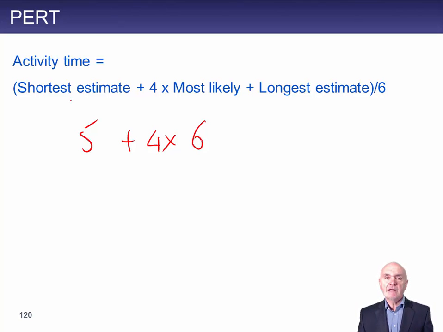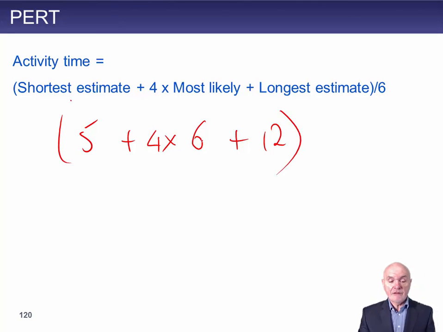But let's say we had a spell of really bad wet weather where we couldn't really be laying the bricks very well because the concrete and water would be washed away. Maybe it would go up to 12. Maybe it could actually double in a really bad scenario.